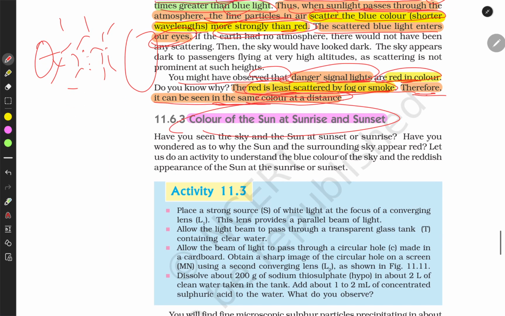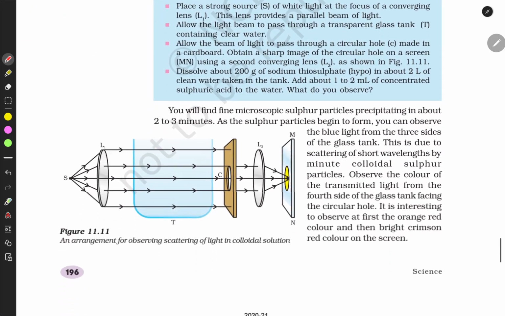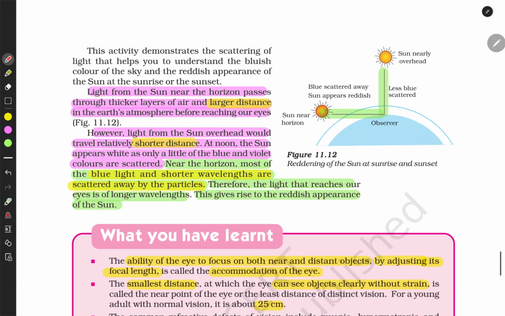Color of the sun at sunrise and sunset. This is again the same phenomenon. Why? The light from the sun near the horizon passes through thicker air, and travels the largest distance through the earth's atmosphere before reaching us. So when the sun is rising, it has to travel a large atmospheric distance to reach our eyes, and due to this, scattering happens.